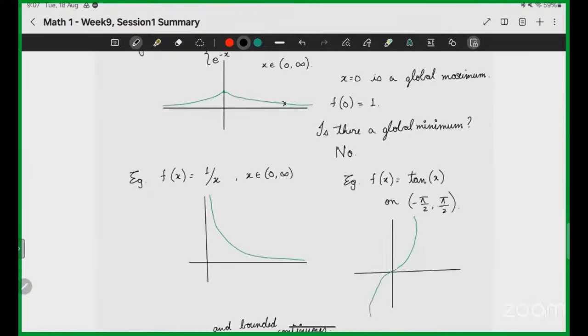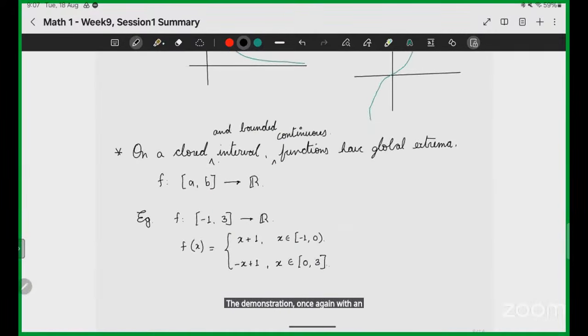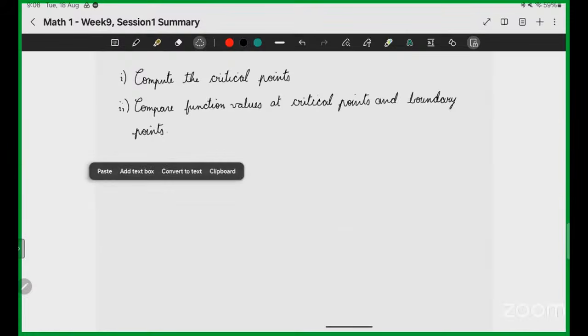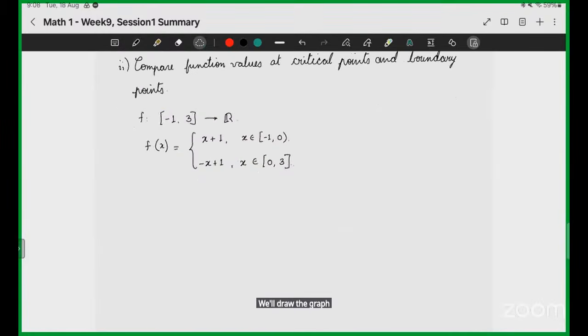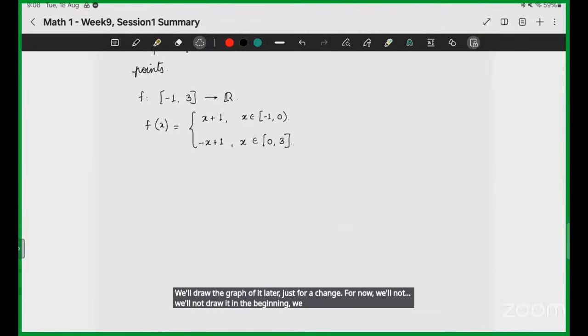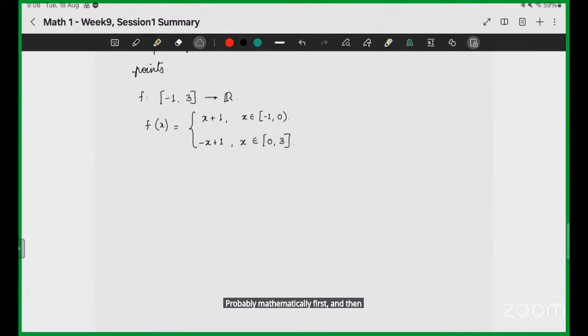The demonstration, once again with an example, with this example. So we have this function. We'll draw the graph of it later, just for a change. For now, we'll not draw it in the beginning. We'll do it properly mathematically first, and then we'll see that the graph does verify our computations.